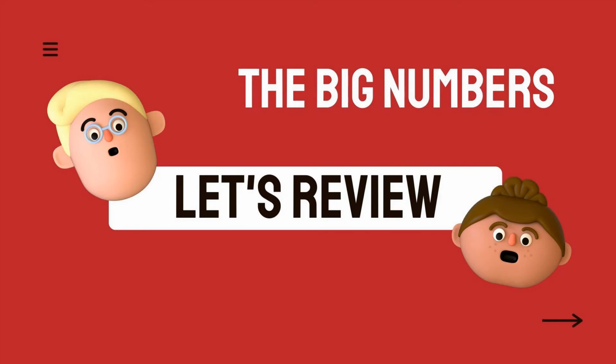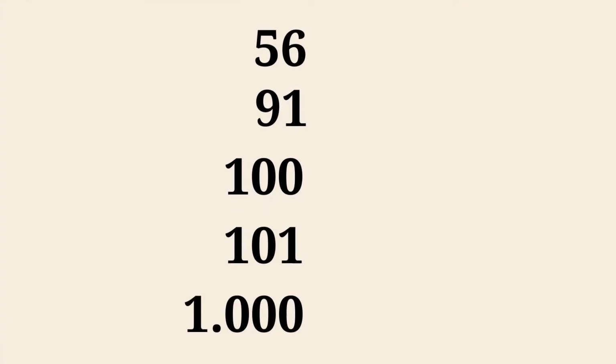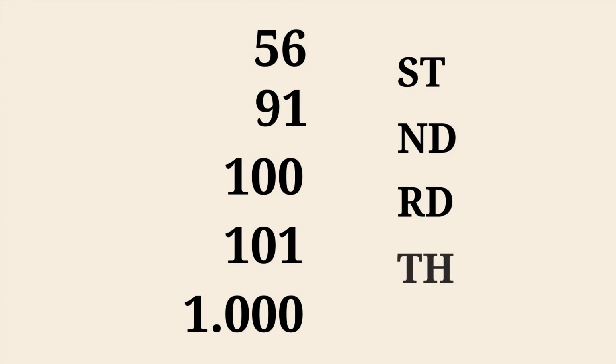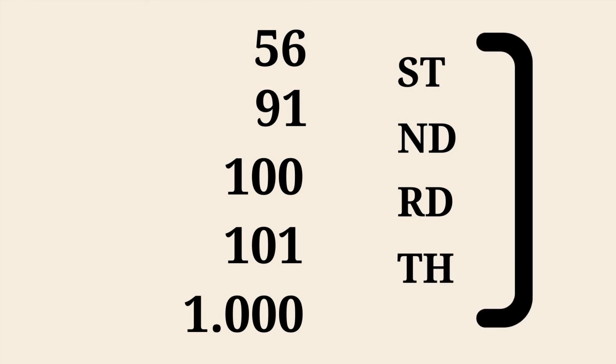I put some numbers here, and we are going to guess whether they use ST, ND, RD, or TH. Okay, we only have 4 choices. The first number is 56.